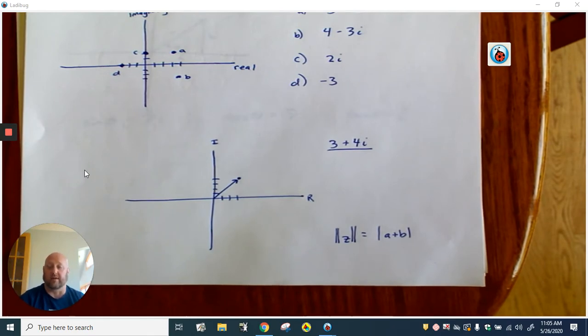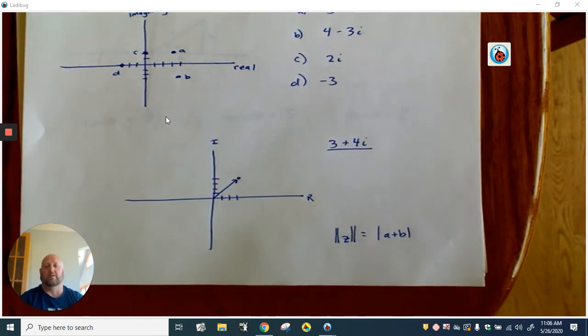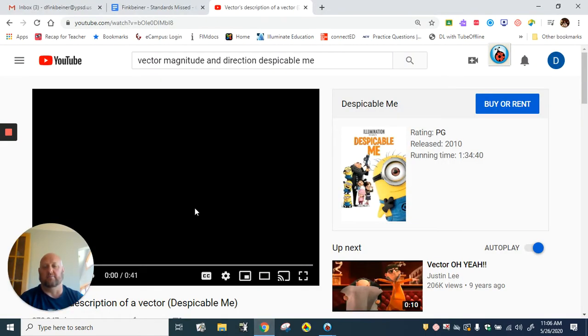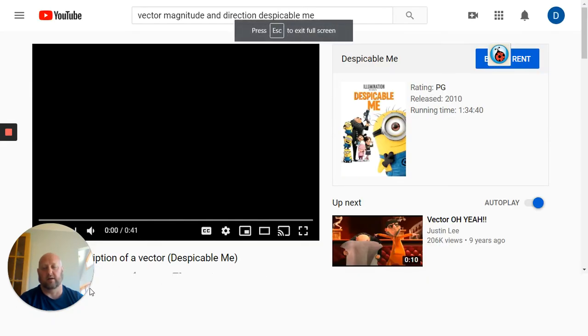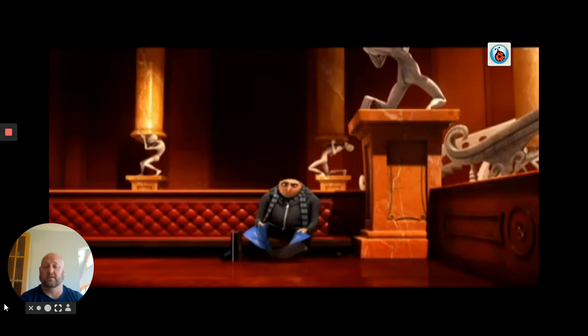We call that a vector. And that vector is going to have a very specific length, or what we call a magnitude, and a direction, right?